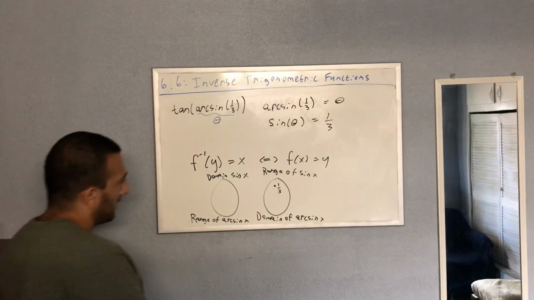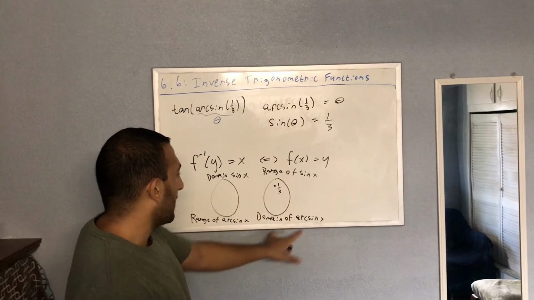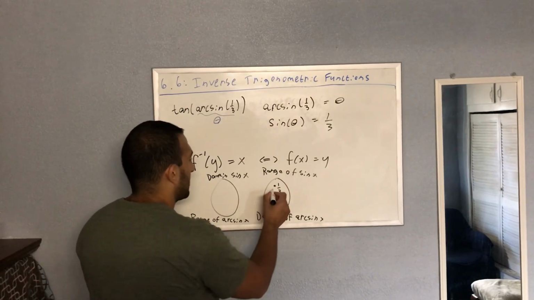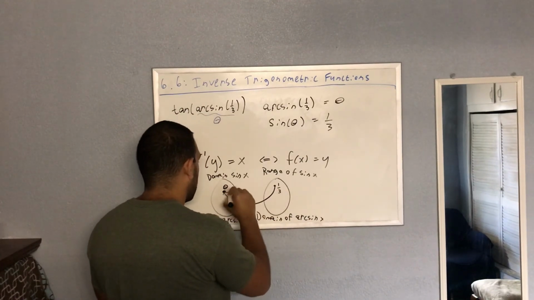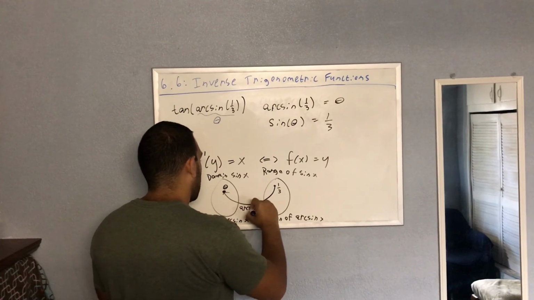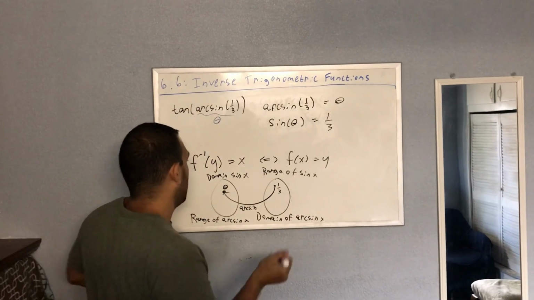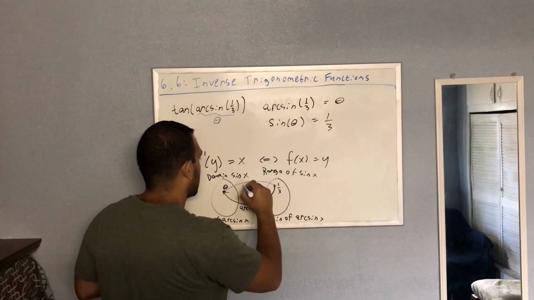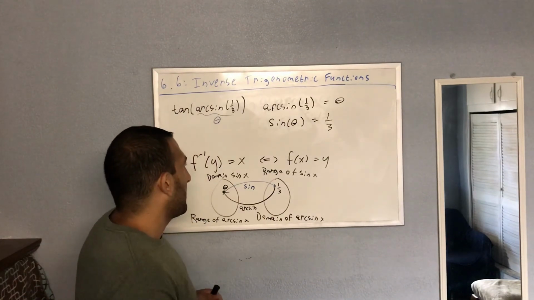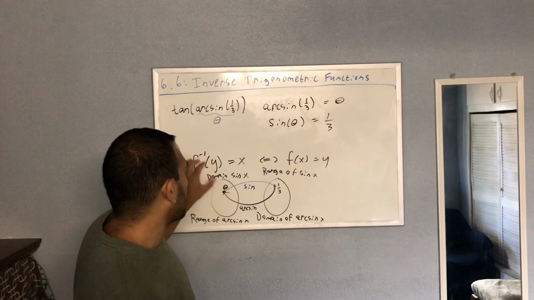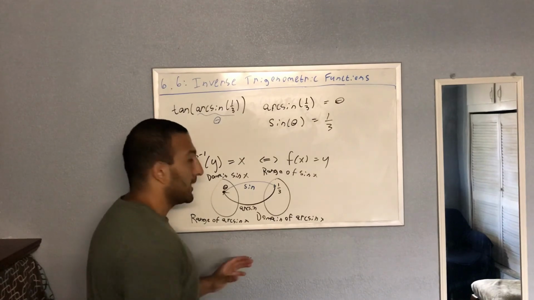You stick 1/3 into the arcsine function, and that gives you some angle theta. Meaning that if you want to go the other way and apply sine, so stick theta into sine, that gets you back to 1/3. That's why these two are equivalent, except this is in the specific context of sine and sine inverse.